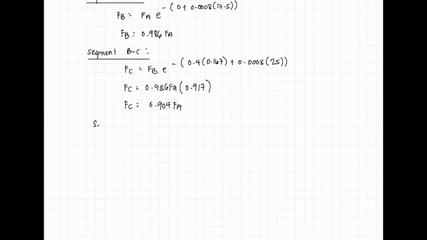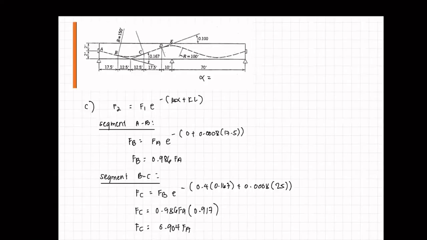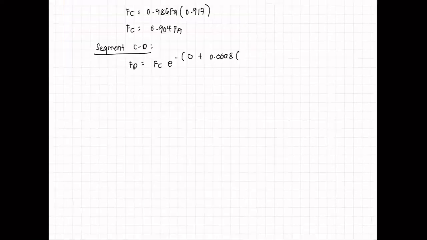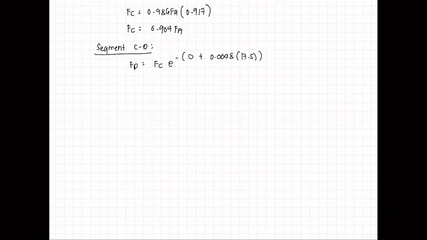And segment CD. So FD is equals to FC E negative 0 plus 0.008 multiplied by yung length niya, which is 17.5. 0.904 FA multiplied by E raised to negative 0.008 times 17.5, that is 0.9861.